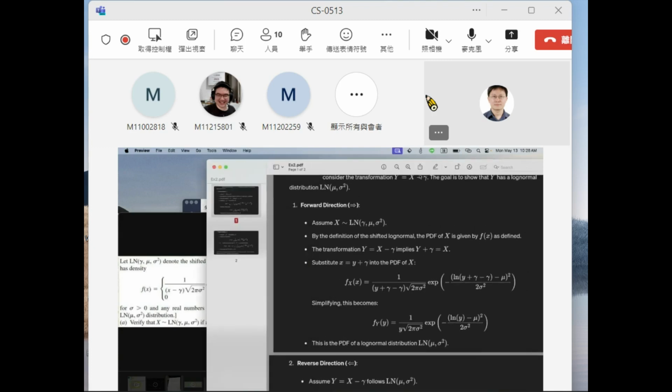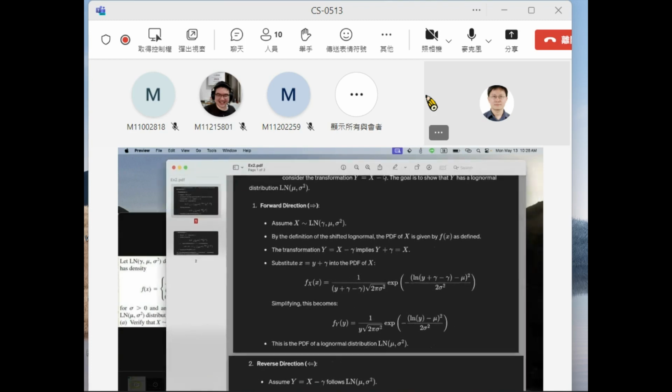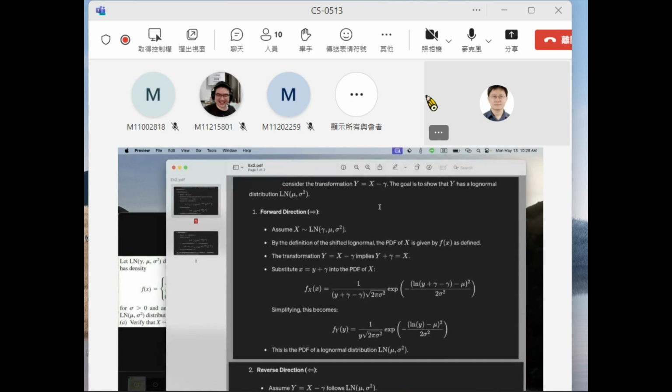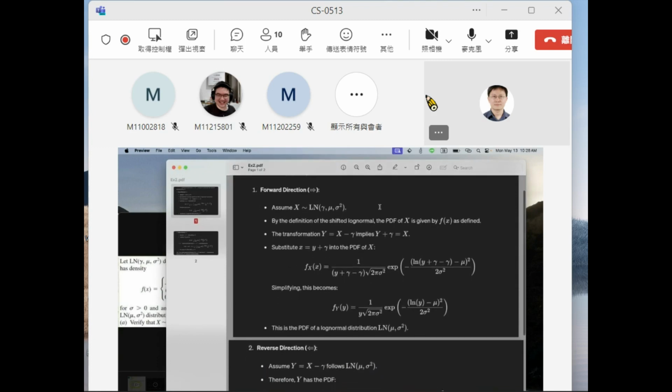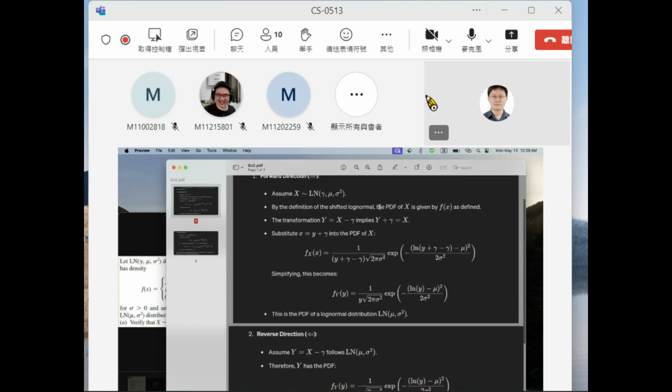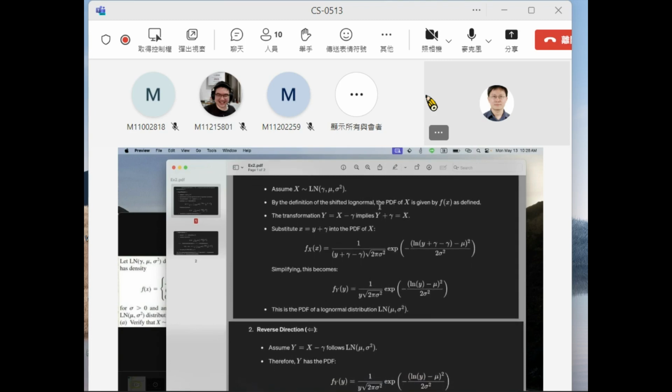So this is our solution. First we use the forward derivation. We first assume x follows this log normal function, so we use the definition of the PDF of x given by this function. We use a new variable y, where y is equal to x minus gamma, and we transform this formula so that y plus gamma equals x.